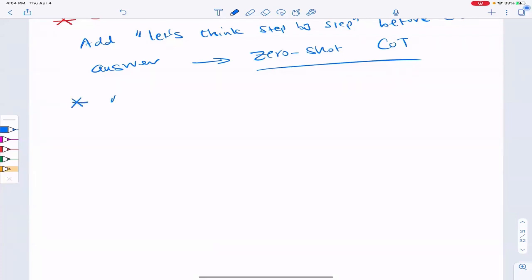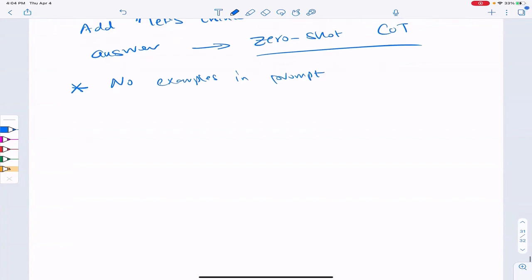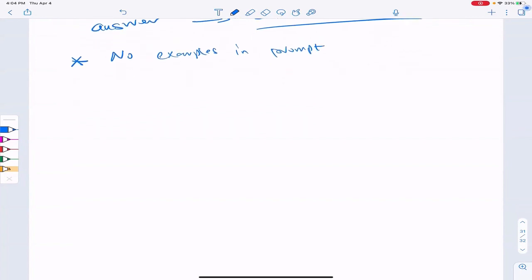So here we have no demonstration examples in the prompt. To be more specific, the way that the prompt works, you have a question and you say, okay, in the answer, you start, let's think step by step.